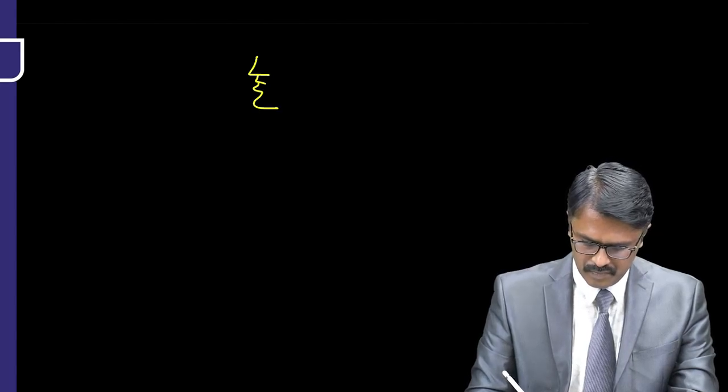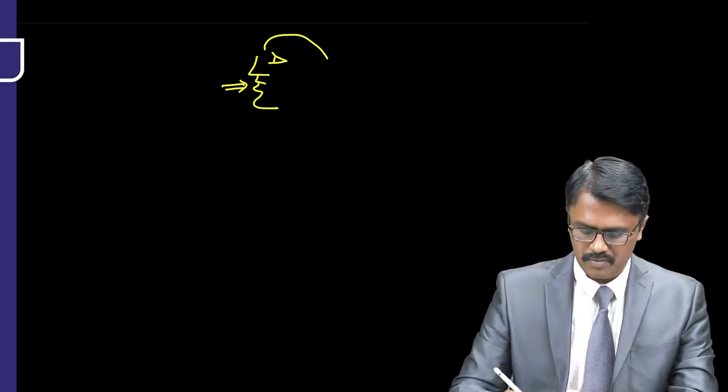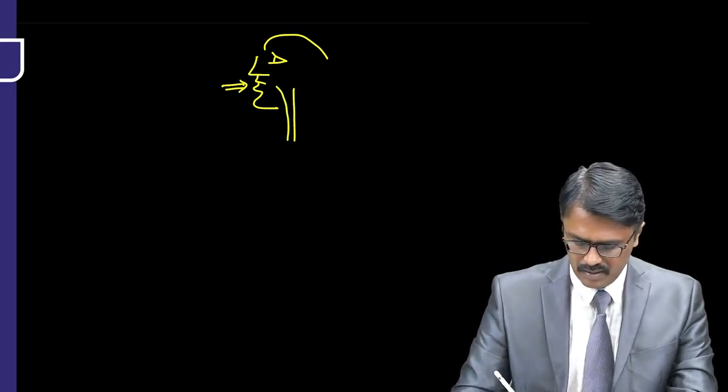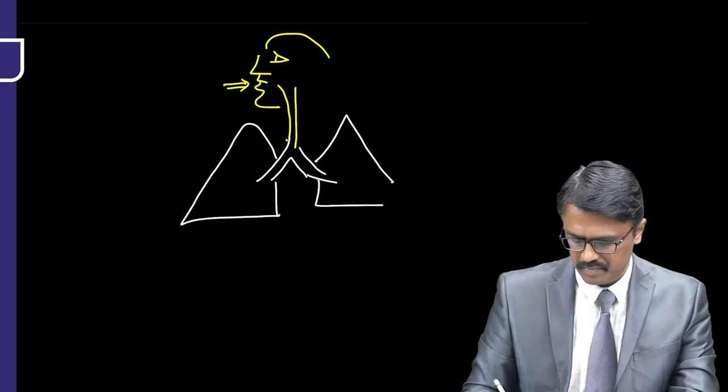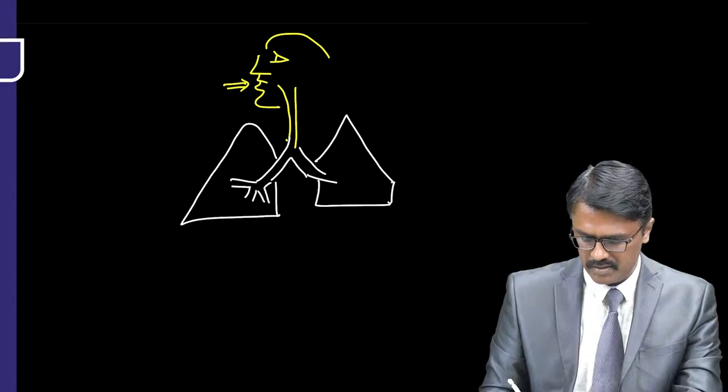Let me draw. This is the person, and we give the anesthetics by inhalation route. From here it will go and reach the lung. There is bifurcation here, and this is the lung. Let me draw the bifurcations like this.